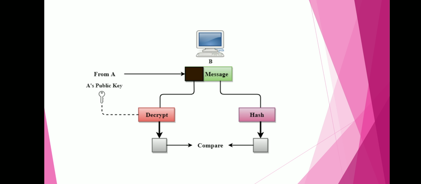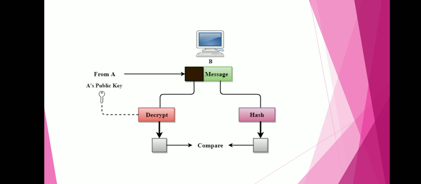So the signature will be decrypted. Then we will get the hash, that is, the message digest. Simultaneously, B receives the message along with the digital signature, so now the message will be hashed. We will get H(M), that is the digest. Now we can compare the decrypted digest with the hashed digest.